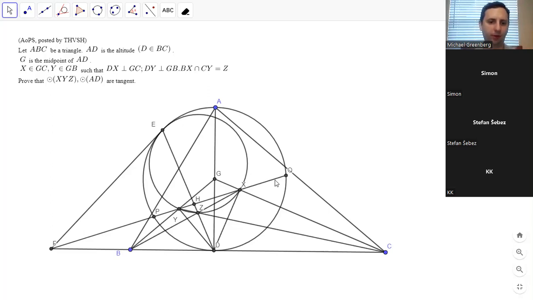So can we show that FY times FX is FB squared? Because we want to show that's FE squared, which is FB squared.